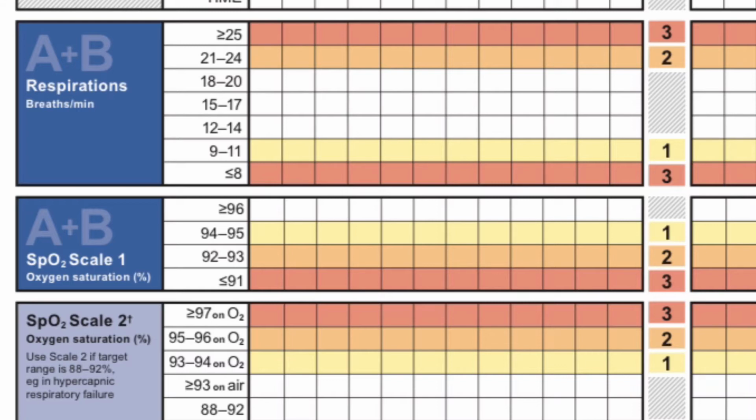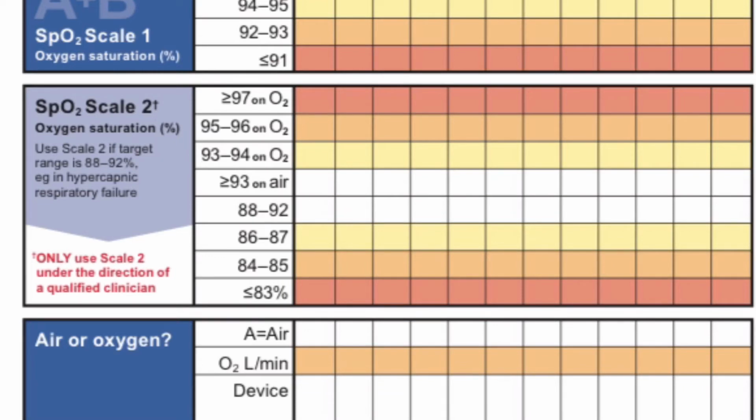The next one is SpO2 scale 2. We use scale 2 if the target range is between 88 to 92. So for the normal patient, you have to use scale 1. If the patient has a target of 88 to 92, then you have to use scale 2.